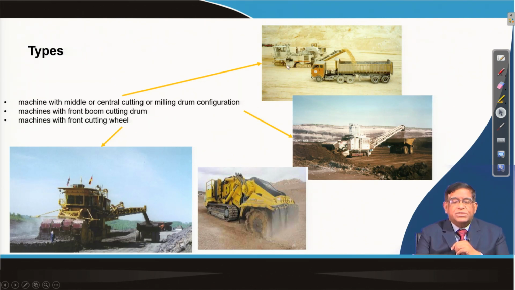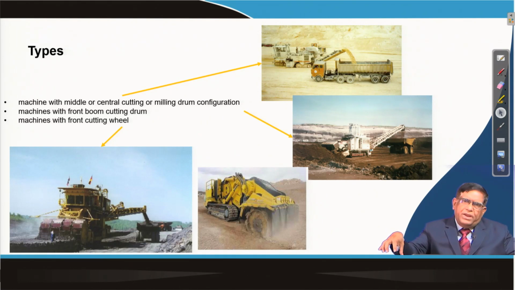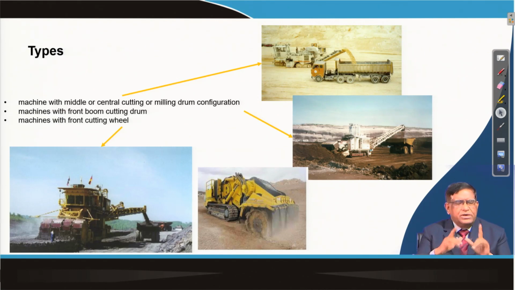That means the machine will have 2 sets of crawlers, one pair of crawlers at the front and a pair at the back, and in between there will be the cutter drum. I will show you the figure next. The other one is the front loading machine, where in the front there is a cutting drum or cutting wheel with buckets, and that will cut and the material will be loaded.